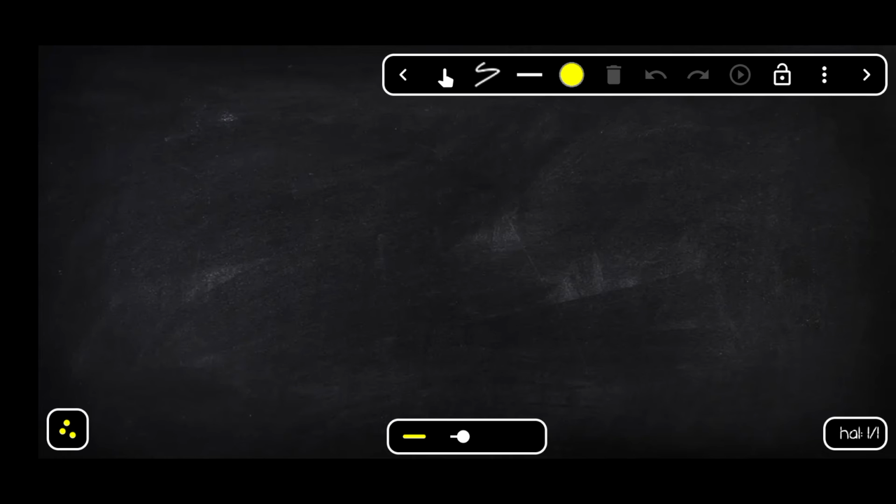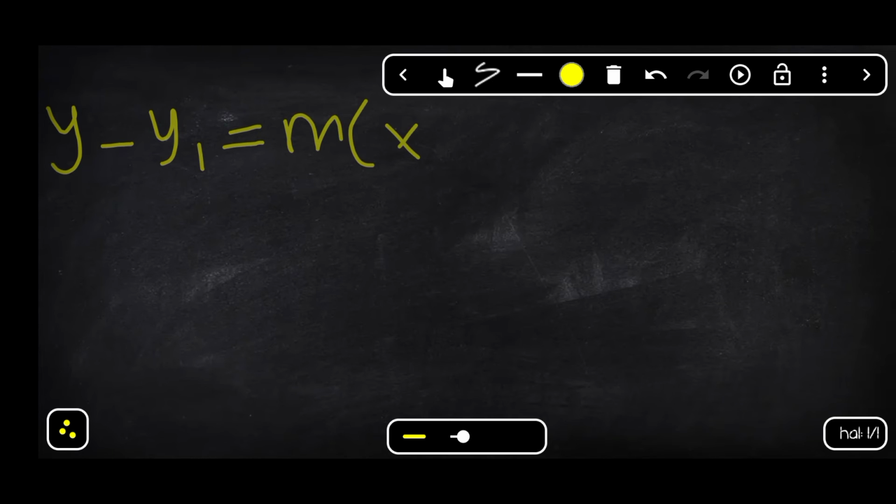Okay, so after we found all of the components that we need, now we can calculate by using the equation of a straight line. We can use this: y minus y1 equals m times x minus x1.